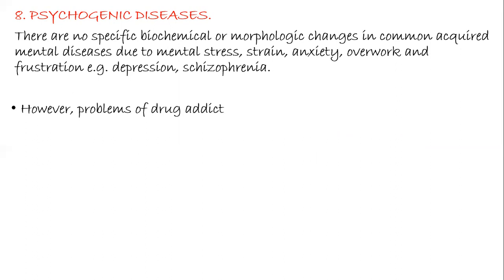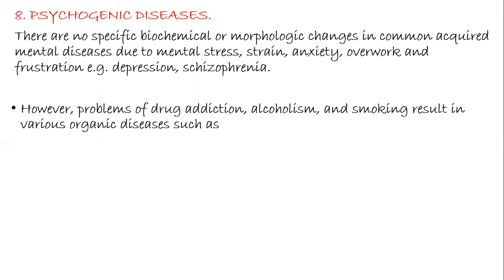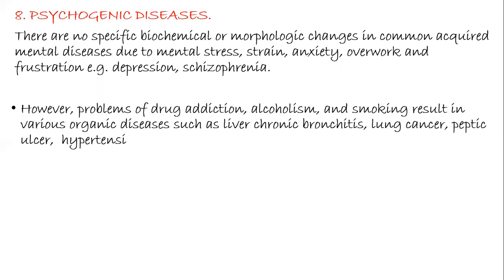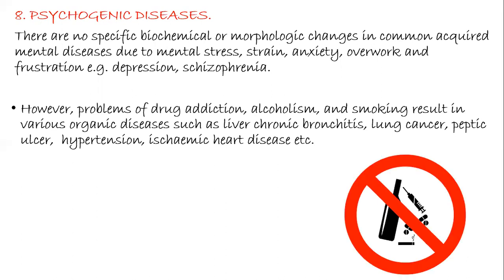However, problems of drug addiction, alcoholism, and smoking result in various organic diseases such as liver disease, chronic bronchitis, lung cancer, peptic ulcers, hypertension, ischemic heart diseases, etc. So, to avoid cell injury, we have to avoid intake of such substances.